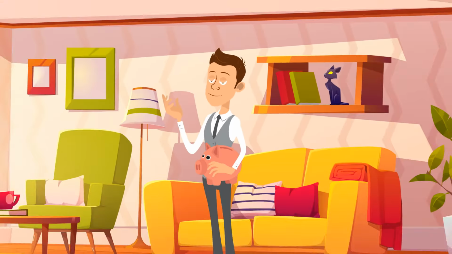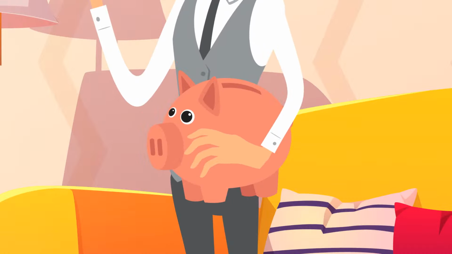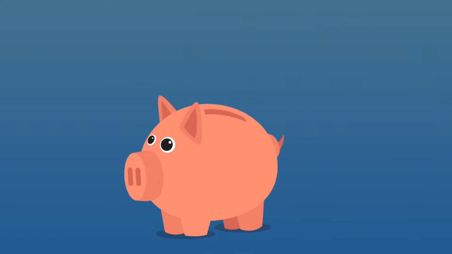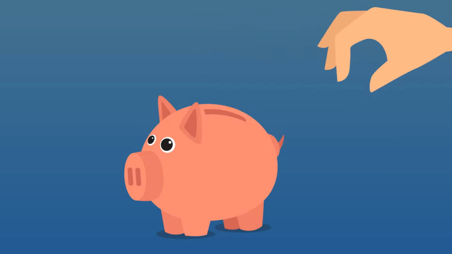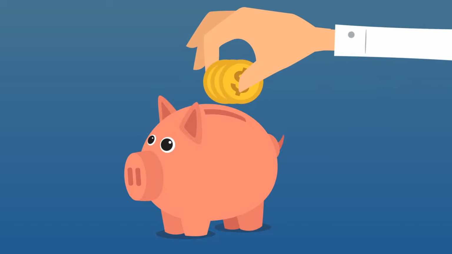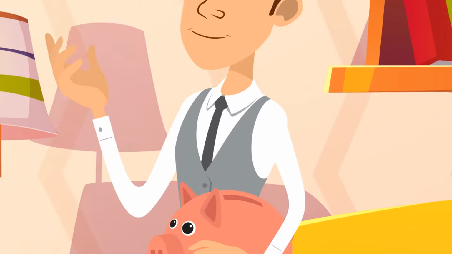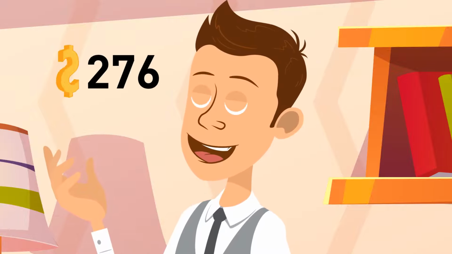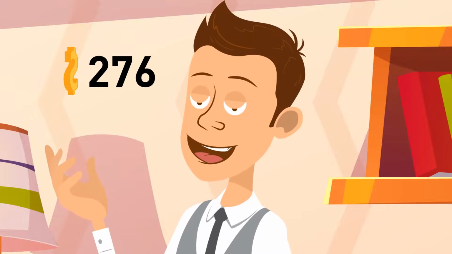Shelly's birthday is approaching. Eric decides to save some money for a gift. On the first day of the month, he puts $1 in his piggy bank. On the second, he puts in $2. On the third day, $3, and so on. Yay! Shelly's birthday has finally arrived. And Eric has saved a total of $276 in his piggy bank.